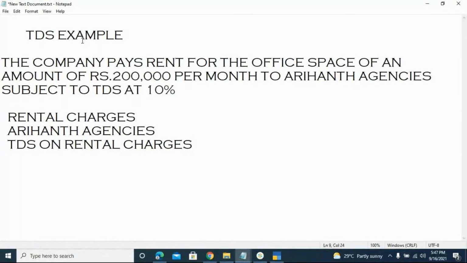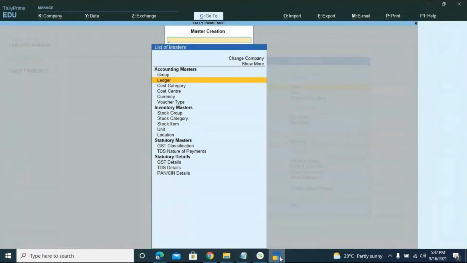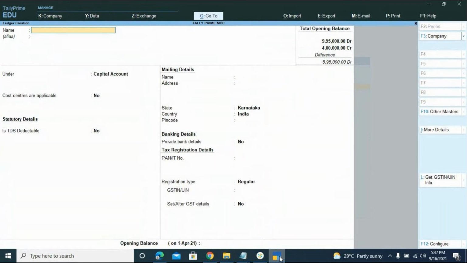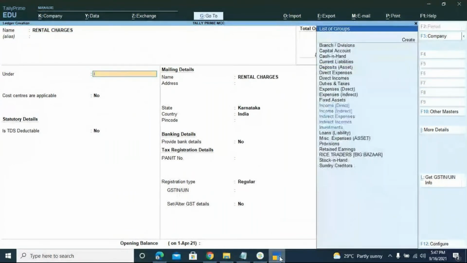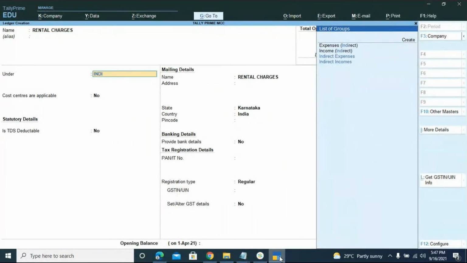So these 3 ledgers have to be prepared. So let's prepare these 3 ledgers. So first we go for the rental charges. So here only we have the ledger, rental charges, under indirect expenses. Yes, rent is what? It's an indirect expense.